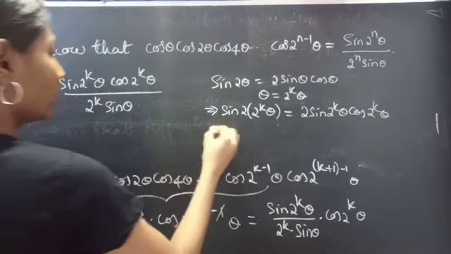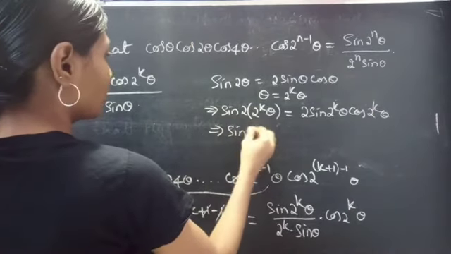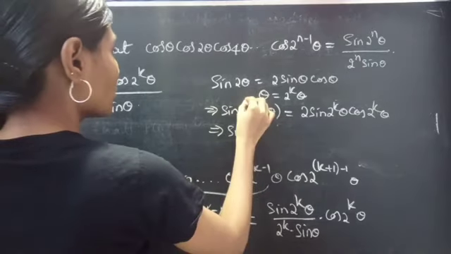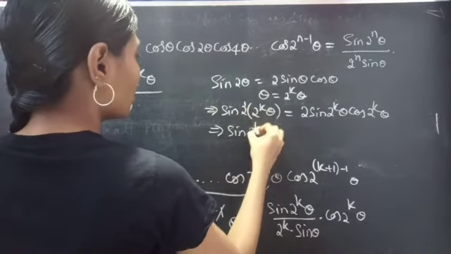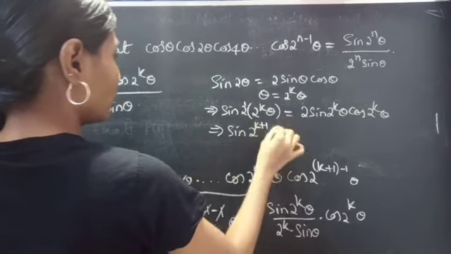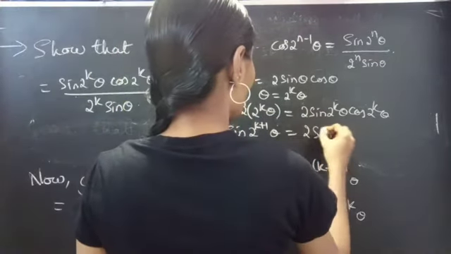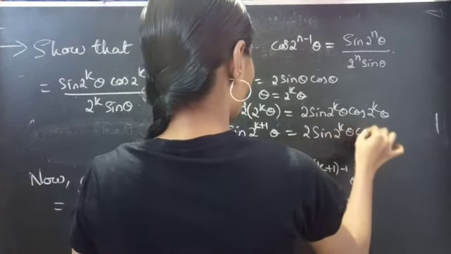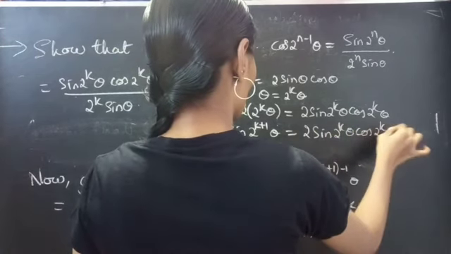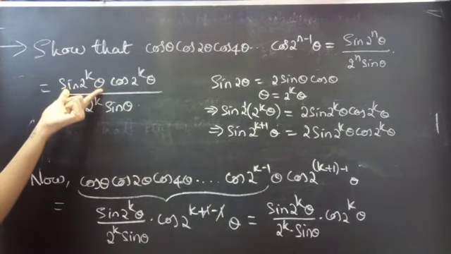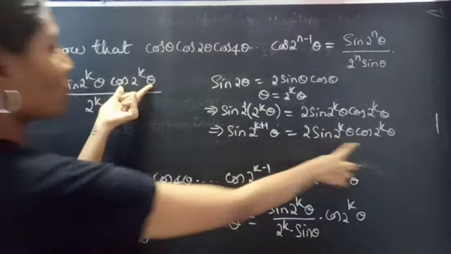Then sin 2 power k plus 1 into theta equals 2 sin 2 power k theta into cos 2 power k theta. Right? So here you are having sin 2 power k theta into cos 2 power k theta.